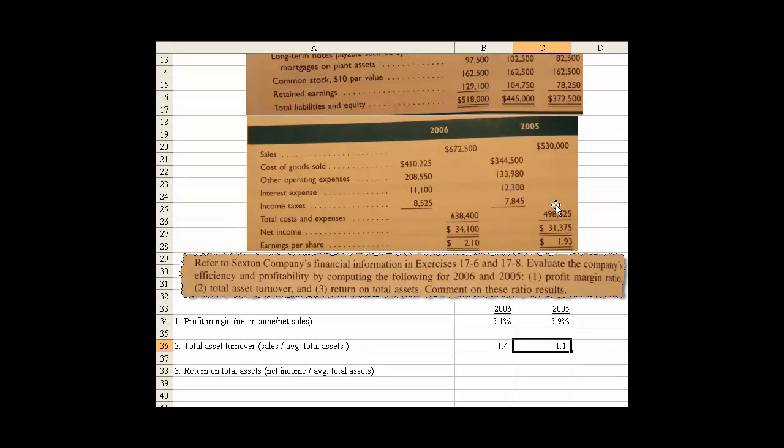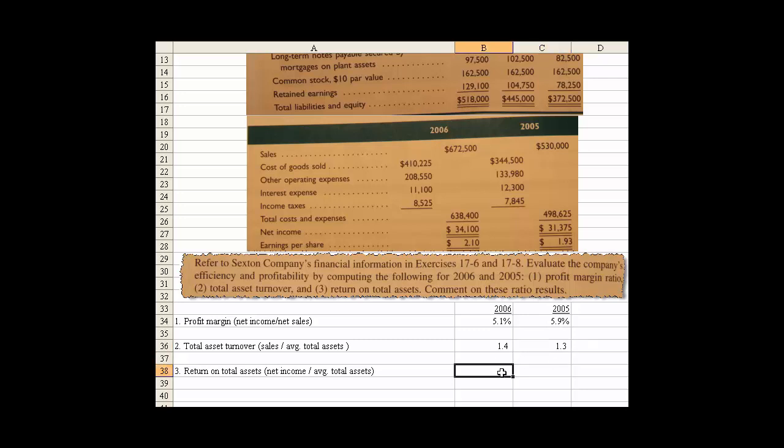So let's put that in there. So we'll put in the 445, and we'll put in the 372,500. And we get 1.3 as total asset turnover. So here we see the total asset turnover is slightly increased.